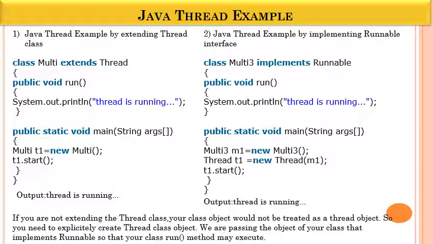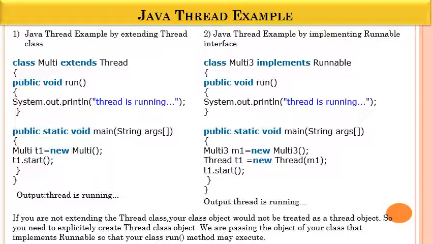So here are some Java thread examples. We can use a thread in our Java program in two ways: by extending the Thread class and by implementing the Runnable interface. First, on the left-hand side, is the example where the thread is used by extending the Thread class.